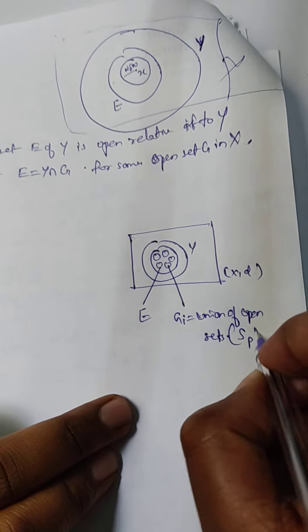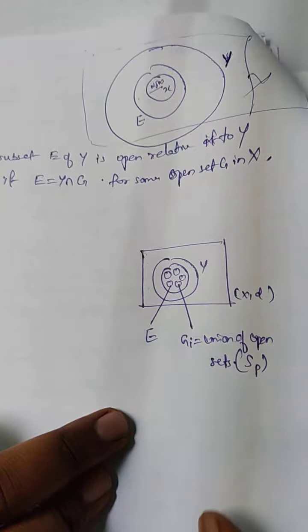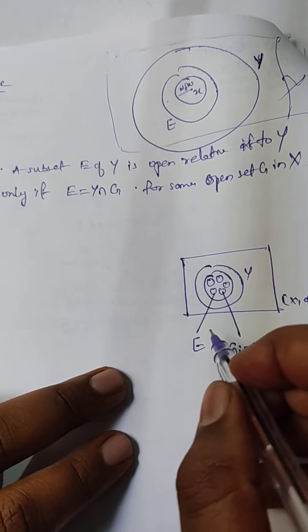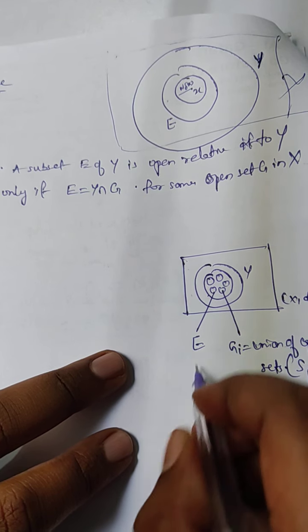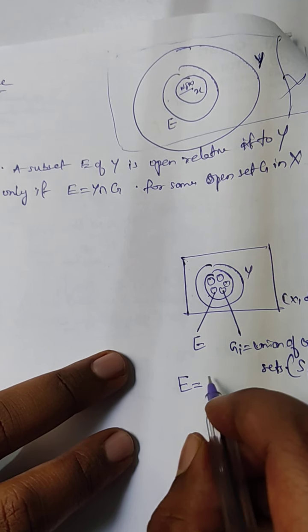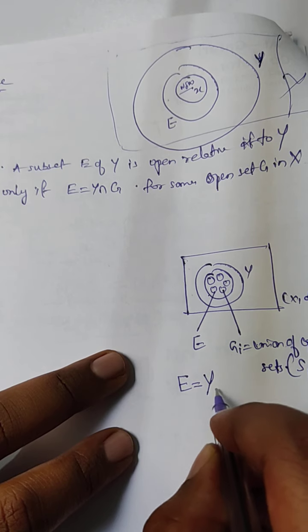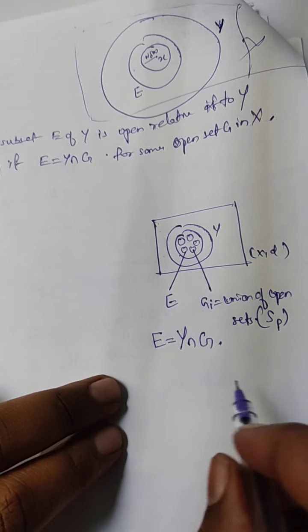We get E by Y intersection G. How do we get this?